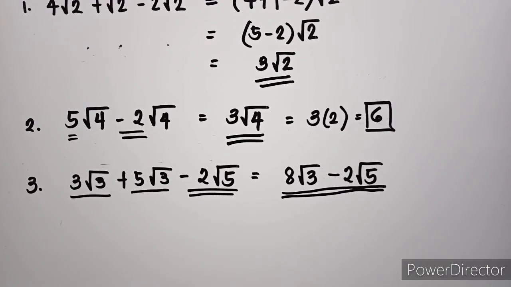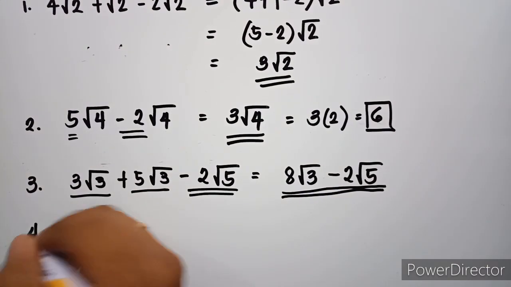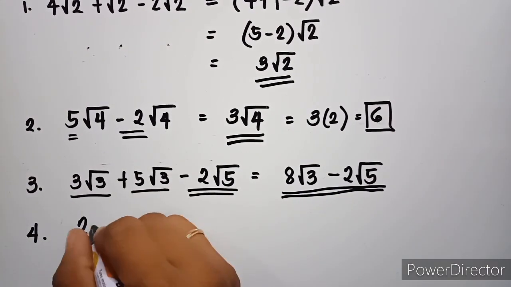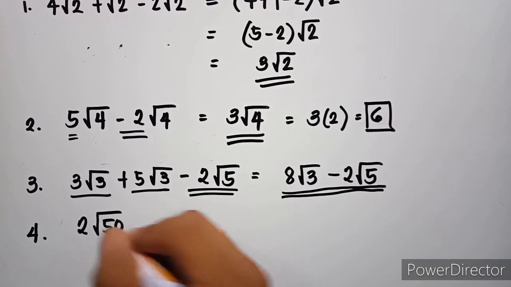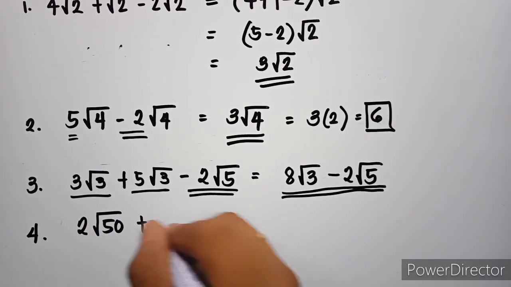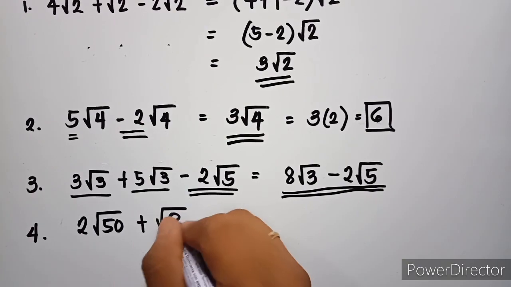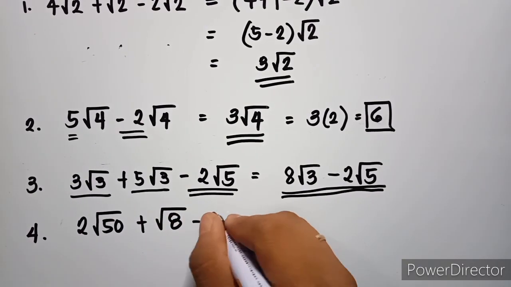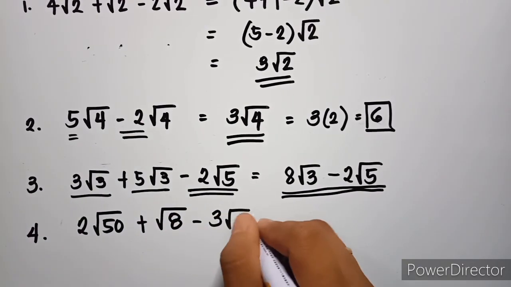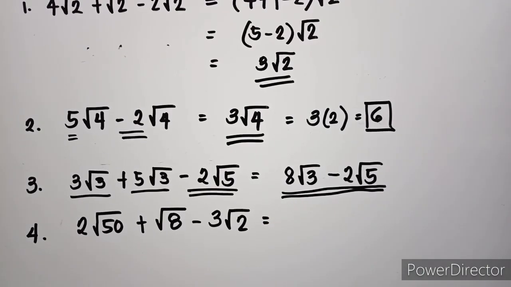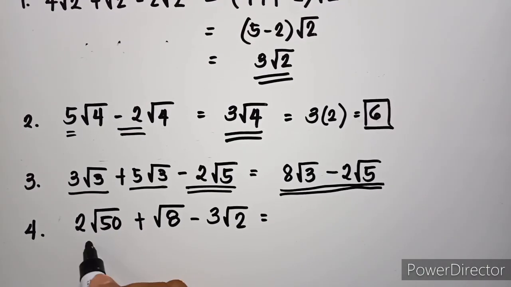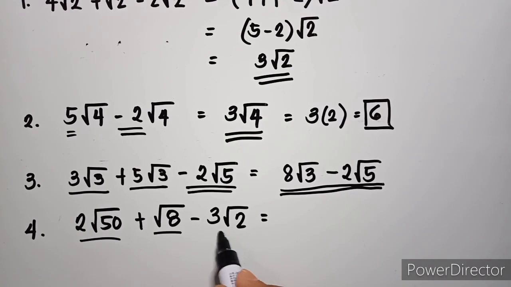Then example number 4. If we will have 2 square root of 50 plus square root of 8 minus 3 square root of 2. Now, kung titingnan natin, yung ating radicals ay dissimilar.